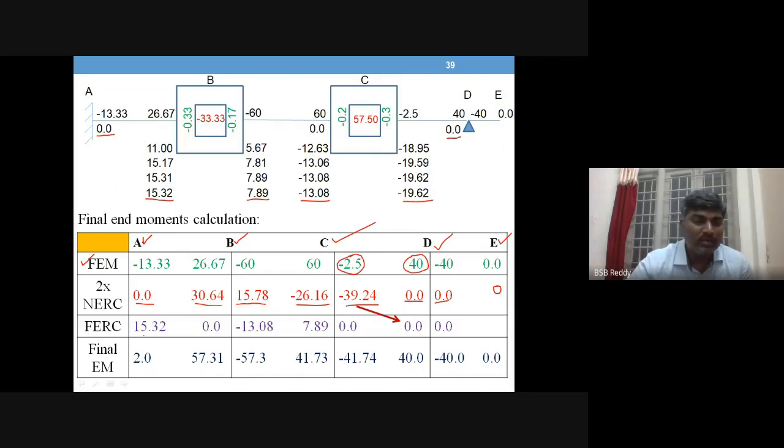Similarly, far end rotation contribution. So B to A and A to B, you shall interchange. Similarly, these two will be interchanged. And now from C to D, this one.